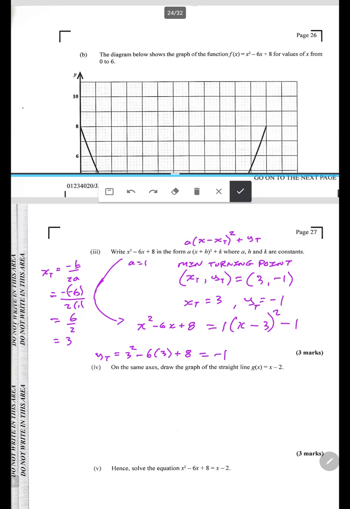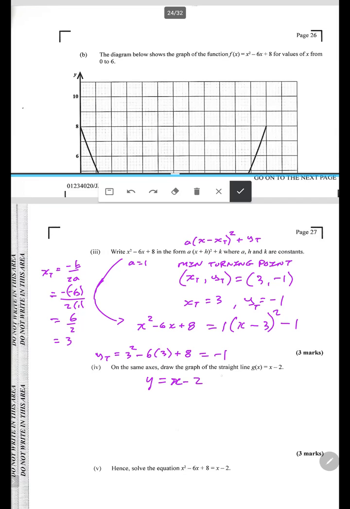Anyway, it says on the same axis, draw the graph of a straight line g of x, g of x equals x minus 2. So g of x is just like y equals x minus 2.